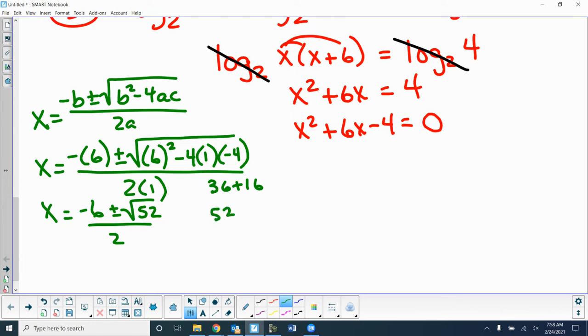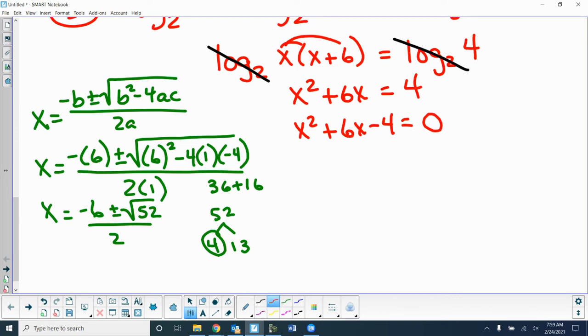Just do a factor tree. And I believe 4 goes into it 13 times. So what do I do with that 4? What comes outside? 2, right? The square root of 4 is 2.